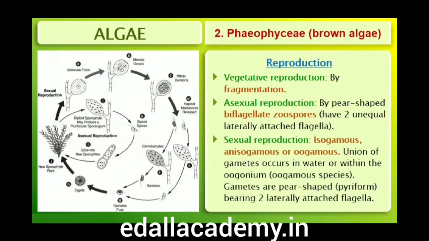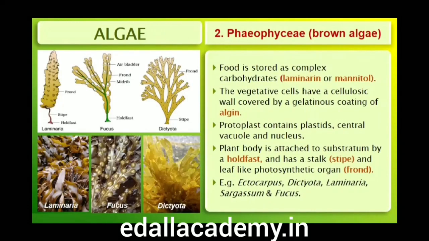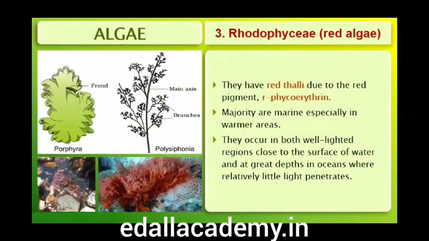Sexual reproduction may be isogamous, anisogamous or oogamous. Union of gametes may take place in water or within the oogonium in oogamous species. The gametes are pyriform, pear-shaped, and bear two laterally attached flagella. The common forms are Ectocarpus, Dictyota, Laminaria, Sargassum and Fucus.